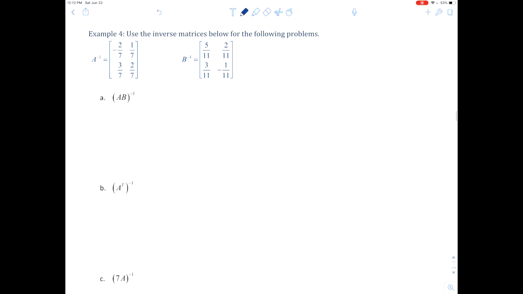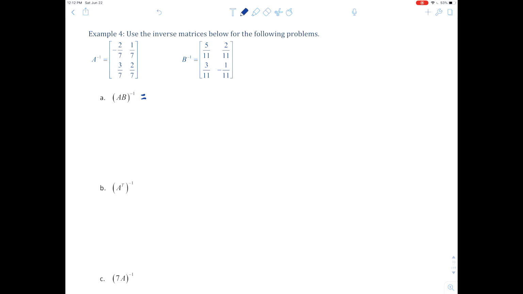Use the inverse matrices below for the following problems. Ready? So here, I often have something like this without a calculator, and if you can use these properties, it makes it much easier, right? So here we go.